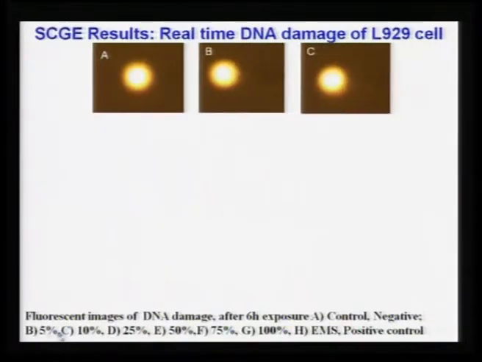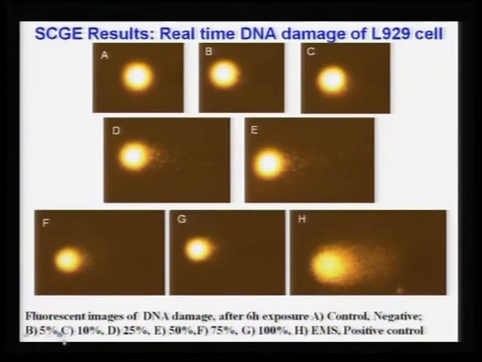Now, if you measure this, this is the fluorescence image. A stands for control, B stands for 5%, 10%, 25, 50, 75, 100, and this is the positive control. This positive control means you can see extensive DNA damage here, a lot of fragmentation. Negative control means no DNA damage.